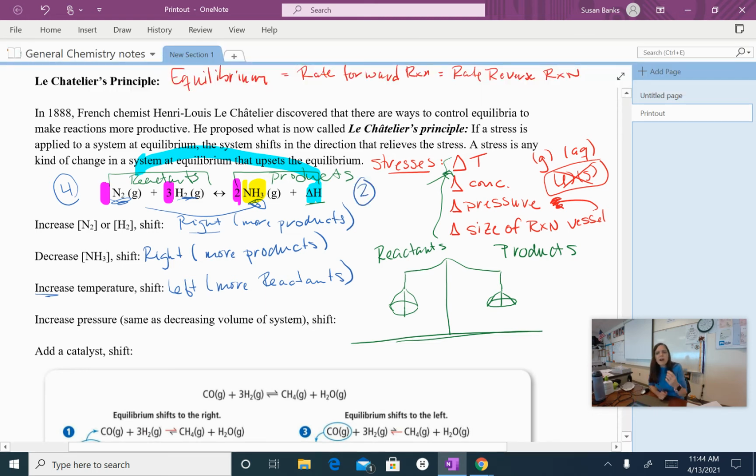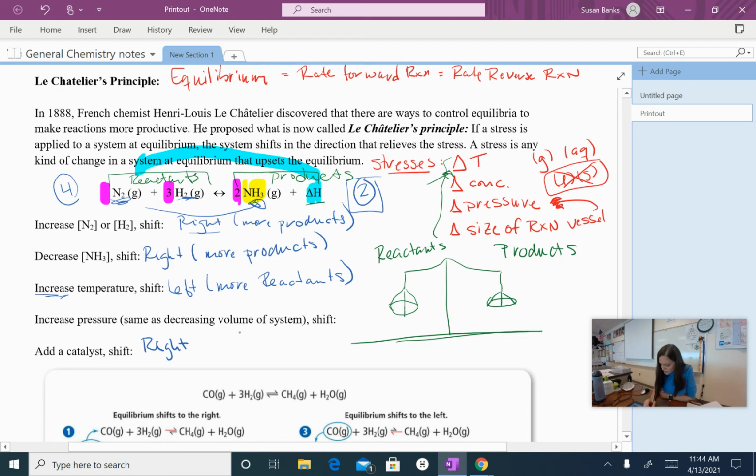Okay, so if I'm increasing the pressure, that means I'm squeezing things together. If you're squeezed together, are you going to want to be as big as possible or as small as possible? You're going to want to be as small as possible. 2 is a lot smaller than 4. So we're going to shift right so we have a smaller volume that we can occupy.